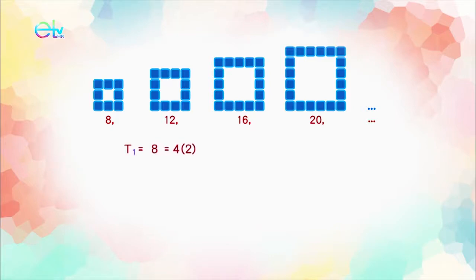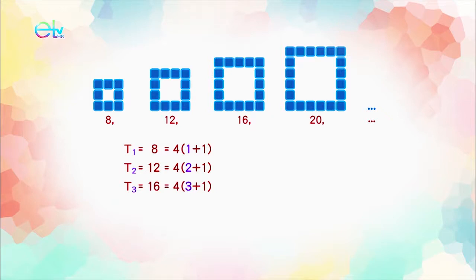The first term, T1, is 8. That is 4 times (1 plus 1). The second term, T2, is 12. That is 4 times (2 plus 1). The third term, T3, is 16. That is 4 times (3 plus 1).